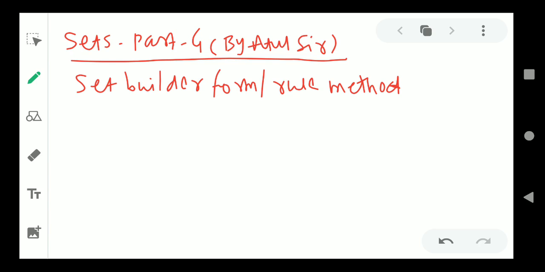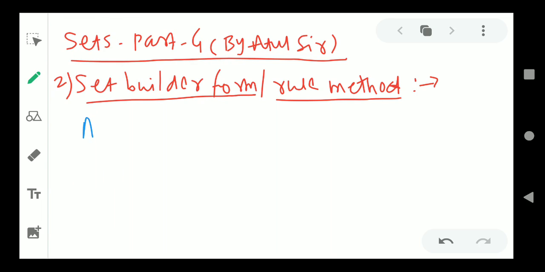The first method we discussed was listing method or roster form, and the second method is set builder form or rule method. We already discussed this in the previous video, but again we will discuss it. Let's take an example.